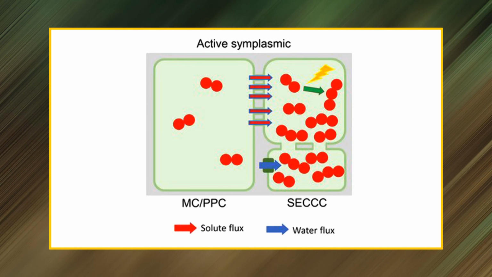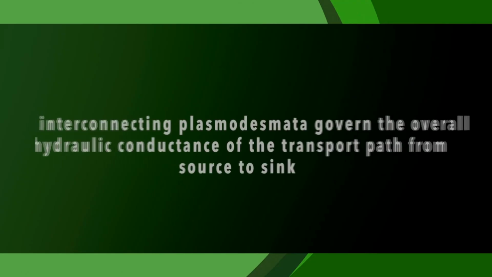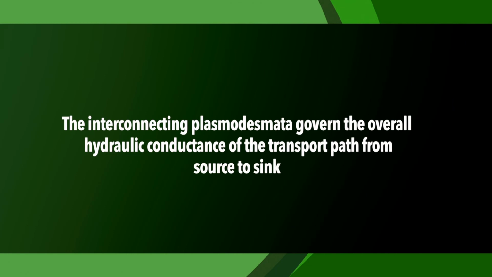For those sinks where symplasmic unloading may occur by bulk flow, the volume flux is rate limited by the transport properties of the post-sieve element pathway. That is, the turgor pressure of the recipient sink cells rather than that of the importing sieve elements sets the pressure difference, and the interconnecting plasmodesmata govern the overall hydraulic conductance of the transport path from source to sink.